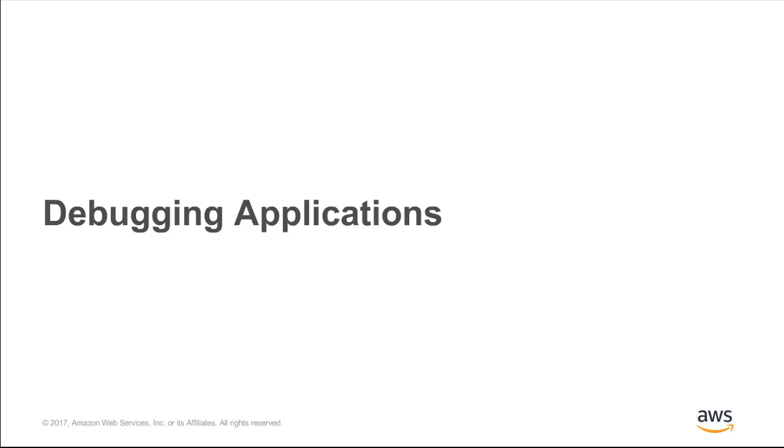As I mentioned, we launched AWS X-Ray at re:Invent in 2016, so that was December of last year. One of the reasons we launched the service was we were getting a lot of feedback from our customers. I was product manager for a product called Elastic Beanstalk at the time, which is our platform as a service offering. And we were getting a lot of feedback from our customers as they were moving to microservices or serverless architectures that it was very difficult to debug applications once they were breaking them up from monolithic applications to service-oriented applications.